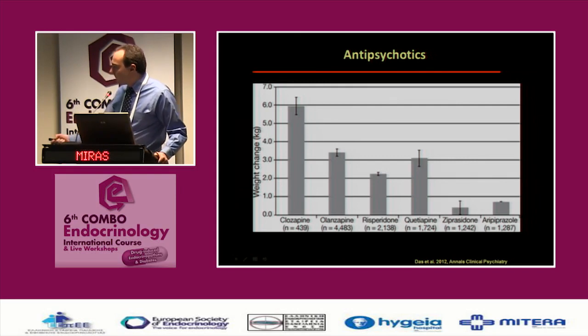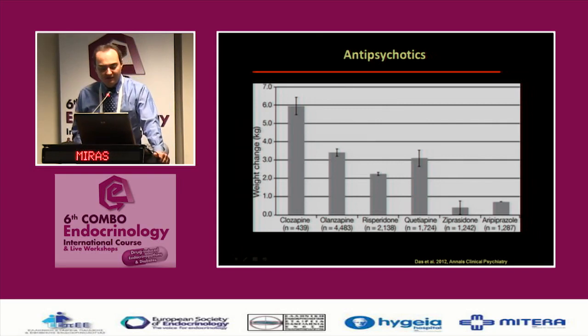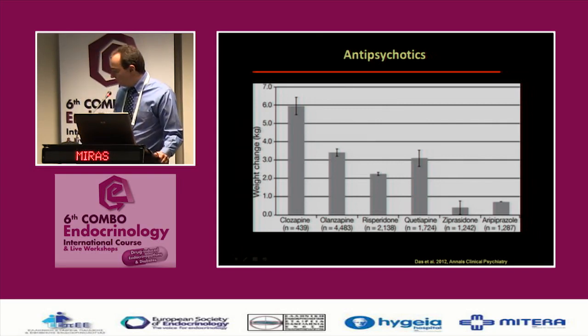But you see here, when we're going to the newer ones, you're going to see that we can reduce some of this weight gain. These are the newer antipsychotics. Aripiprazole is meant to be the best in terms of weight and metabolic side effects. So, if you have to choose something, try and choose this one if you can.